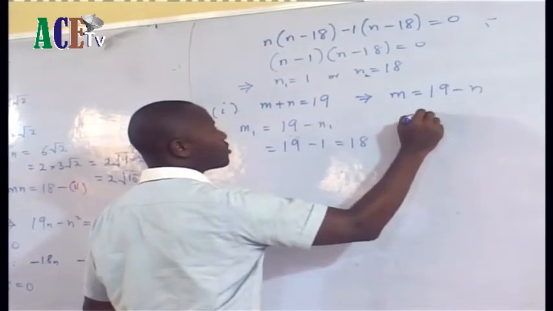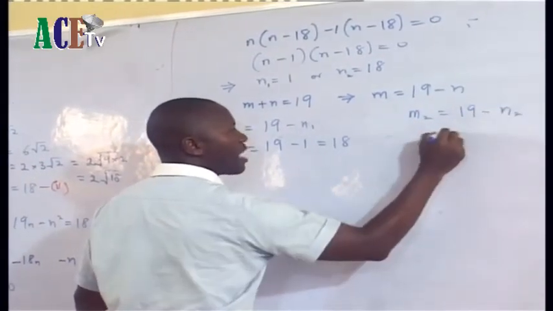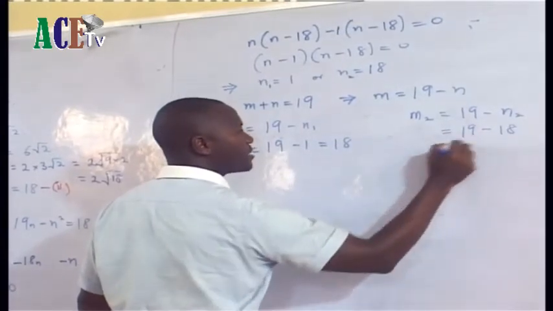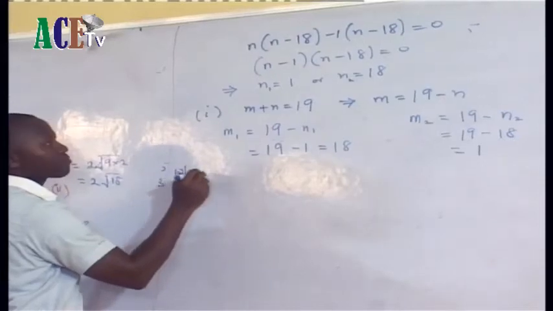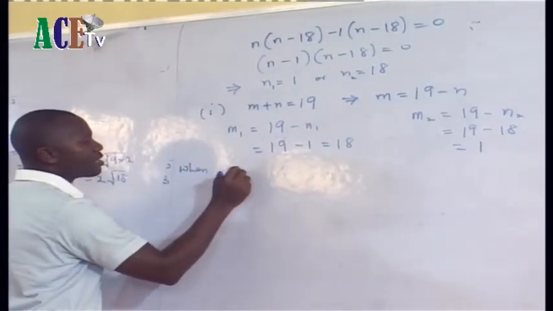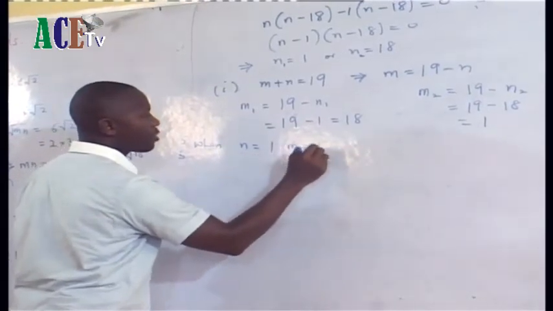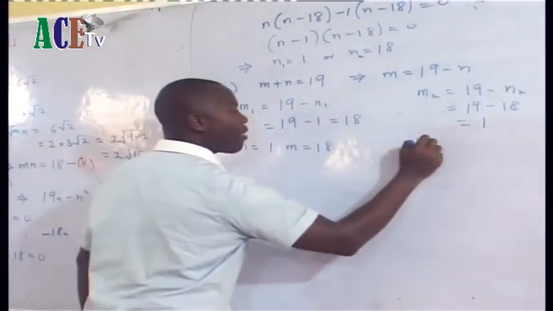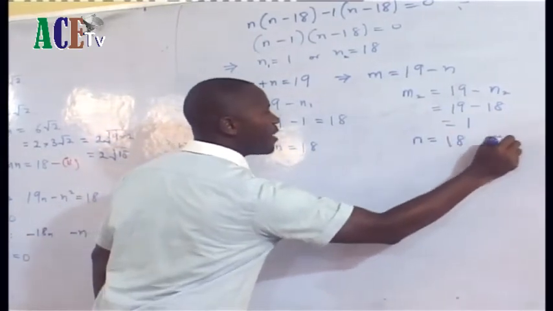The second case gives us m2, which is 19 minus n2, which is 19 minus 18, giving 1. So when n equals 1, m equals 18, and when n equals 18, m is 1.